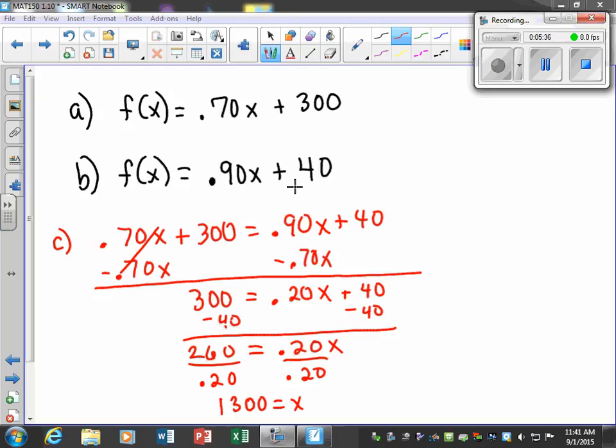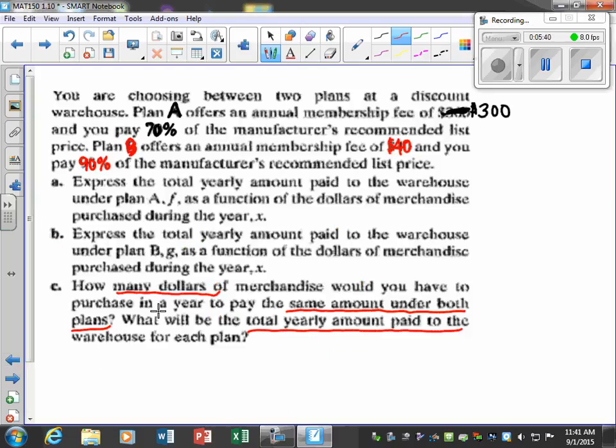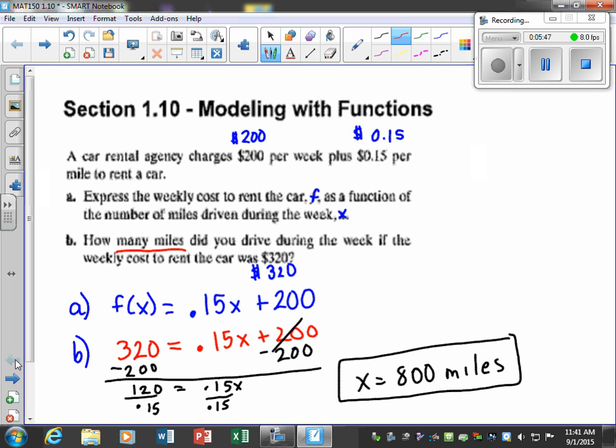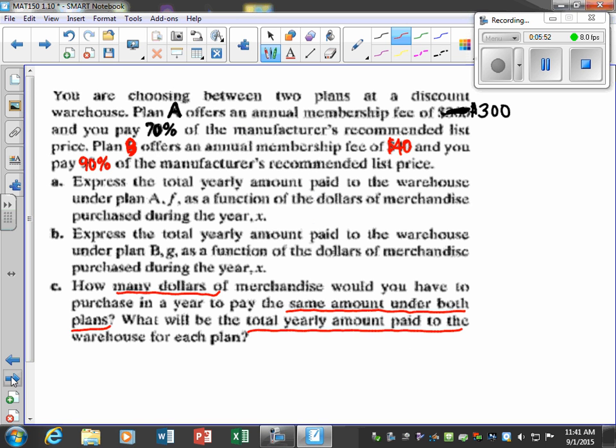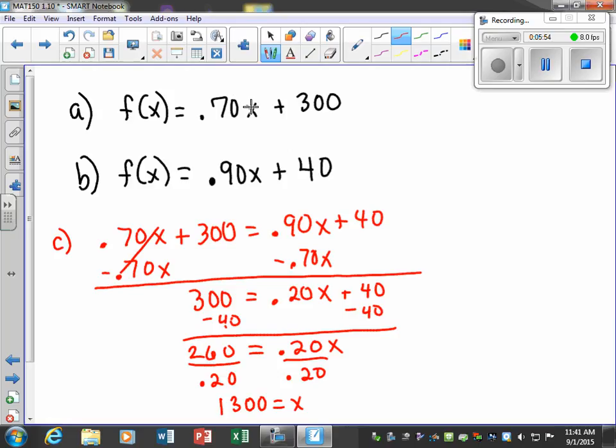So the next thing they ask is the second part. What will be the total yearly amount paid to the warehouse for each plan? So let's go back to this plan, plug in 1300 for x, and see what that value equals. Same thing for this one, and just see what happens with each plan so we can see the numbers.